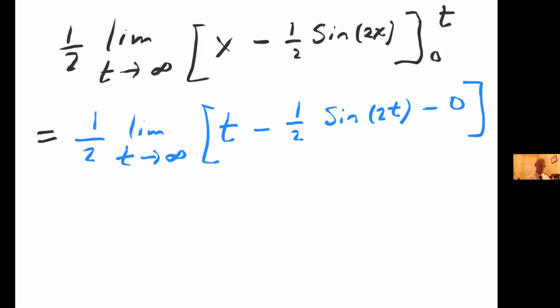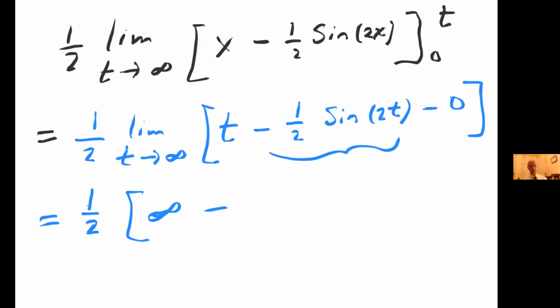All right, so this equals 1/2. So notice that this t is now going to infinity, and this part minus really doesn't matter because sine of 2t alternates between positive 1 and negative 1. So this number right here is just between positive 1 and negative 1.